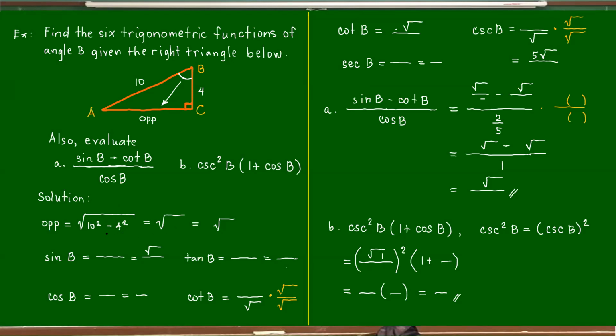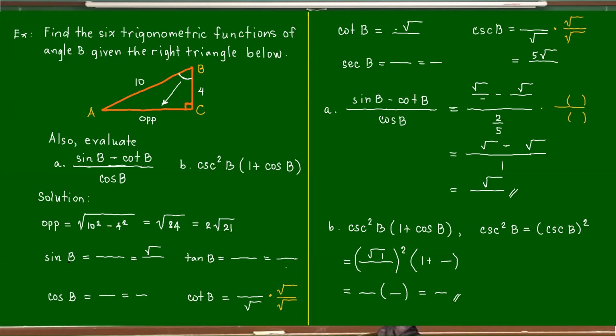This is equal to 100 minus 16, which is 84. Okay? 84 has a perfect square factor, no? So 84 divided by 4 is 21. What is the square root of 4? 2. Remaining inside the radical, 21. So the opposite side is 2 square root of 21.